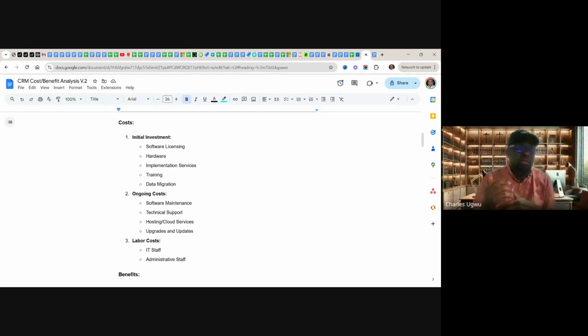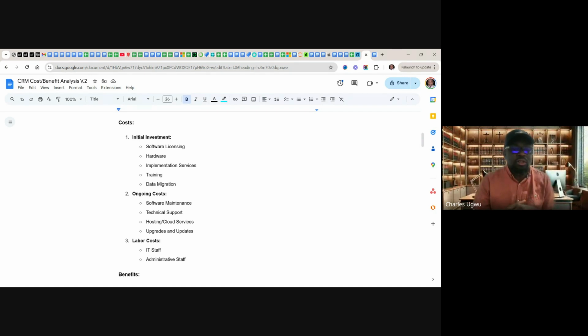We need software maintenance, technical support, hosting, cloud services, and upgrades and updates. Some of these softwares keep on upgrading and updating.